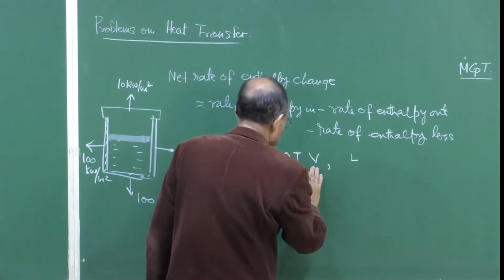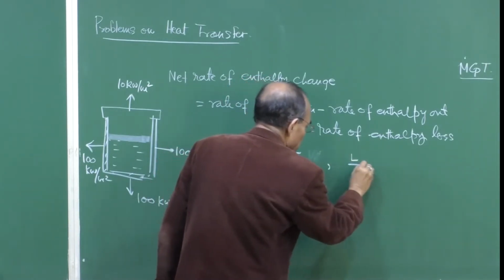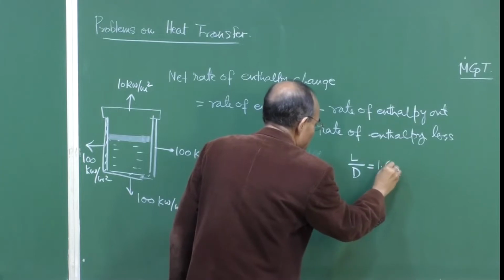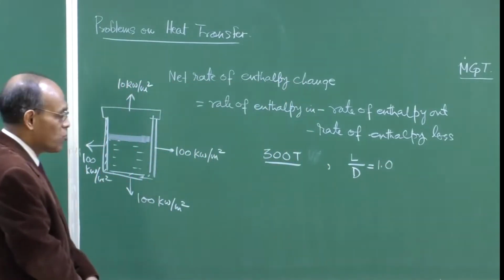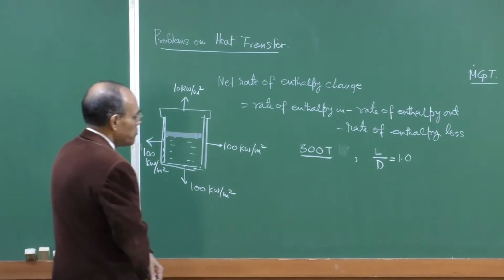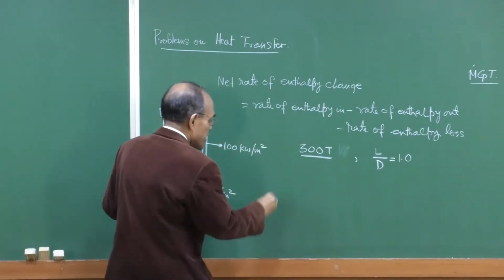Now, let us say we have a 300 ton vessel. Typically ladles have an aspect ratio of L by D equal to 1, and it contains steel.